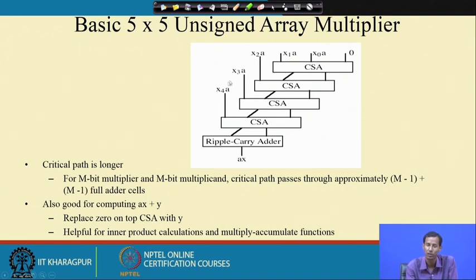One by one you put the corresponding inputs and then you get the final results. This is the basic idea of array multiplication. Looking at this picture, I can easily say that the critical path is longer, but the structure is very regular.